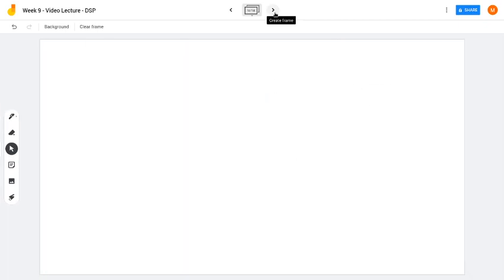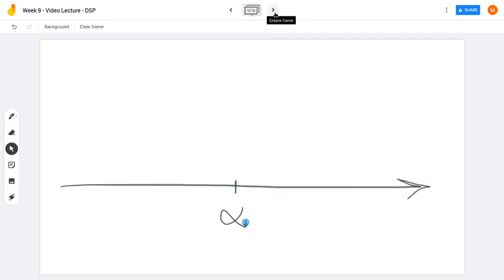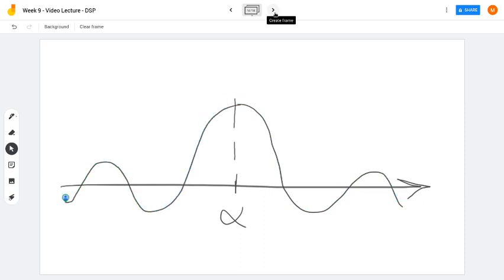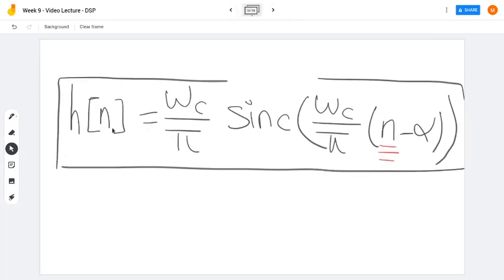So we'll start by plotting a continuous function shifted at alpha, and then we will take samples of this continuous function in order to get the discreteness we have in the expression. The expression here is a function of n, a discrete variable.